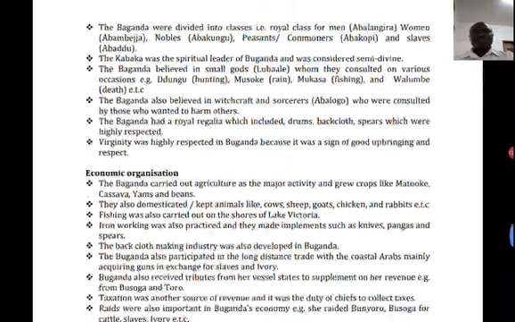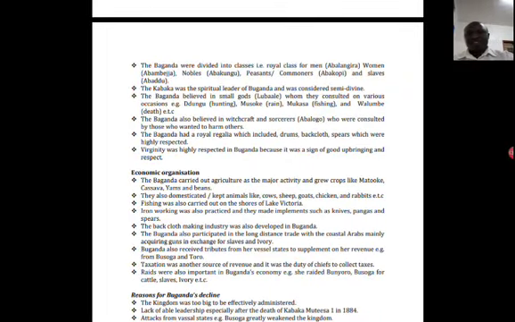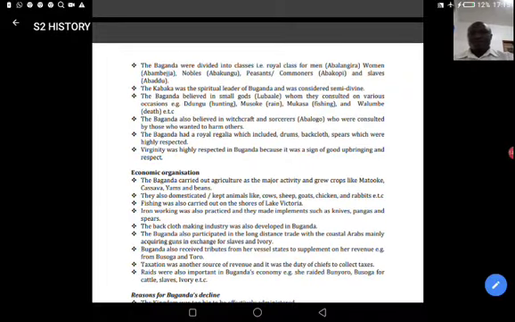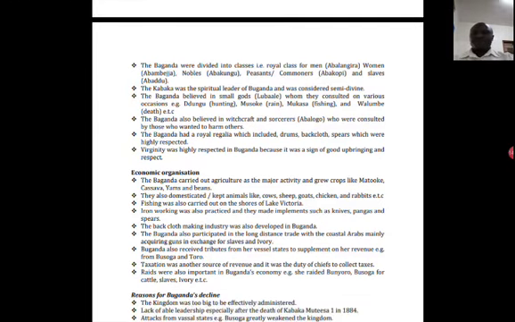When we switch to the economic organization of the Buganda Kingdom, we are talking about what Buganda dealt in to raise revenue. Buganda carried out agriculture as the major activity.